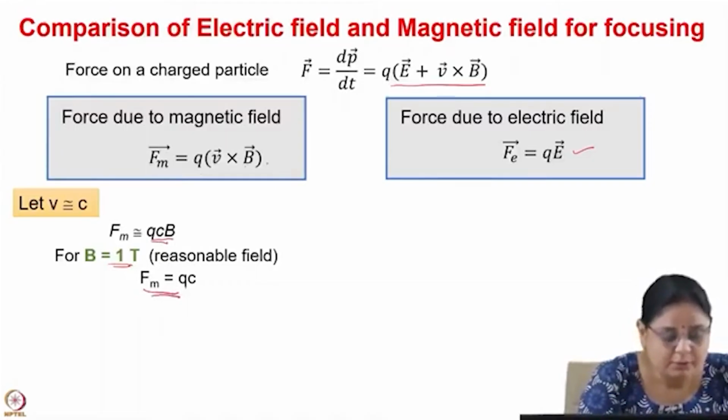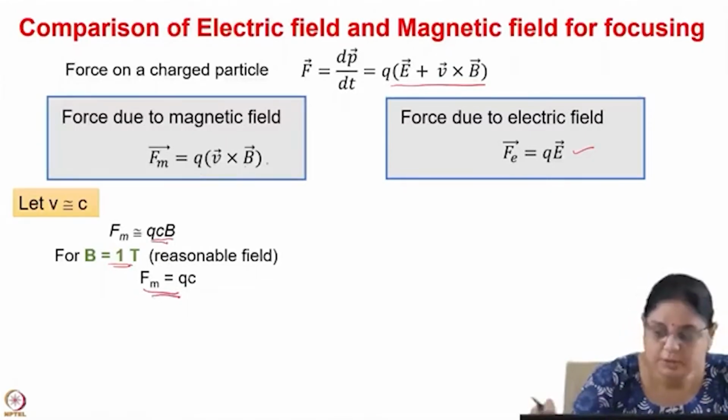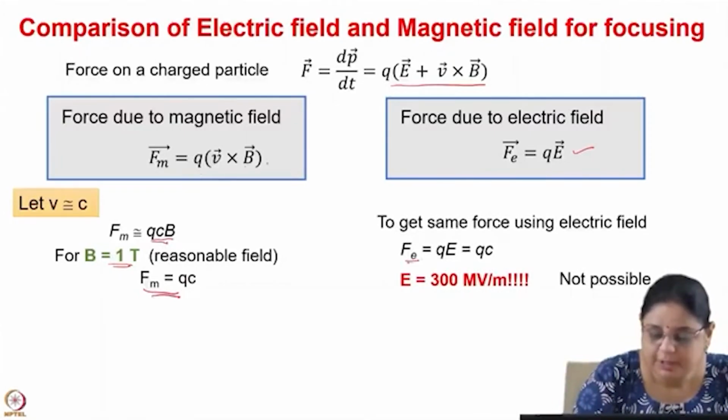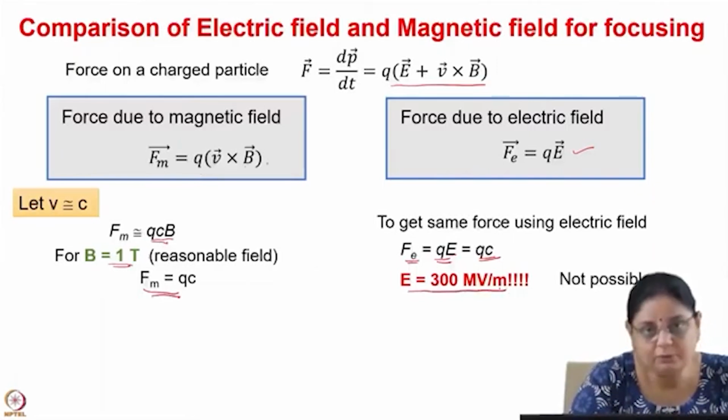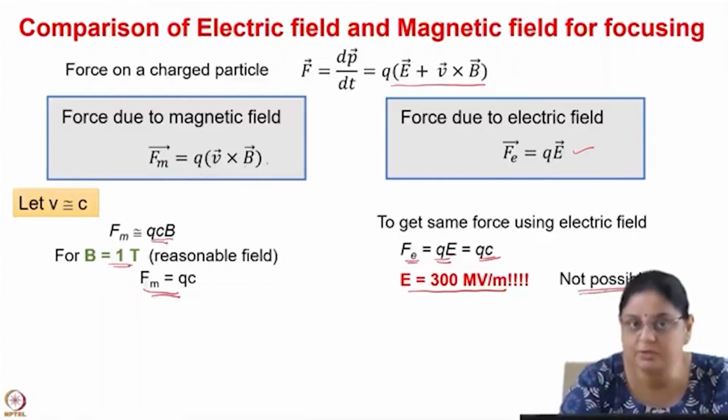Now suppose I want to produce the same amount of force using an electric field on this charged particle. So Fe is equal to QE, and this is equal to Qc. If you calculate the value of E using this, you get E equal to 300 million volts per meter. This is an extremely high electric field, and it's not possible to generate such high electric fields.